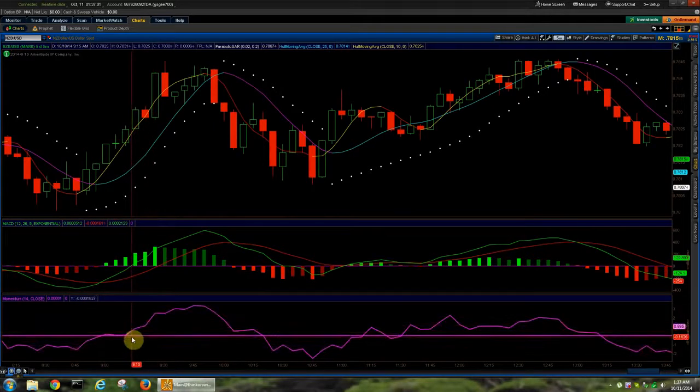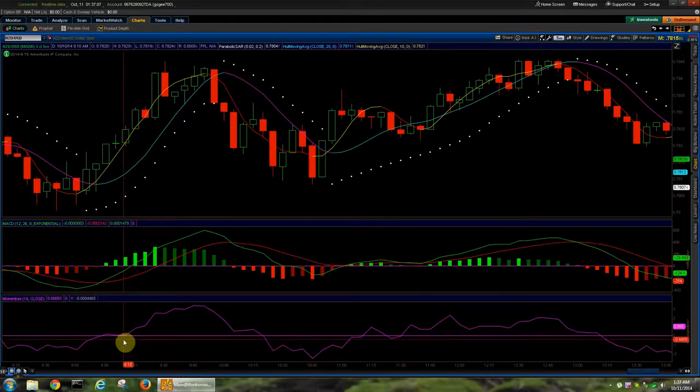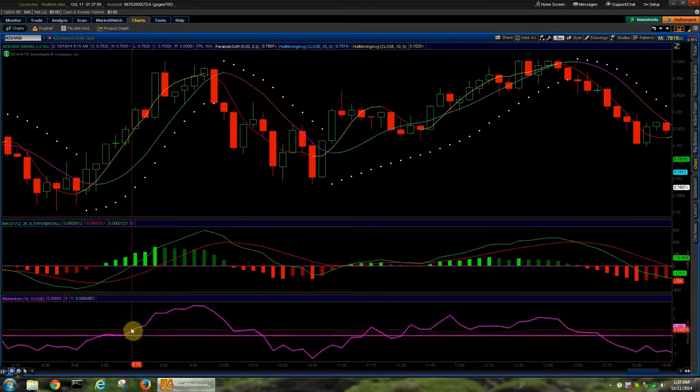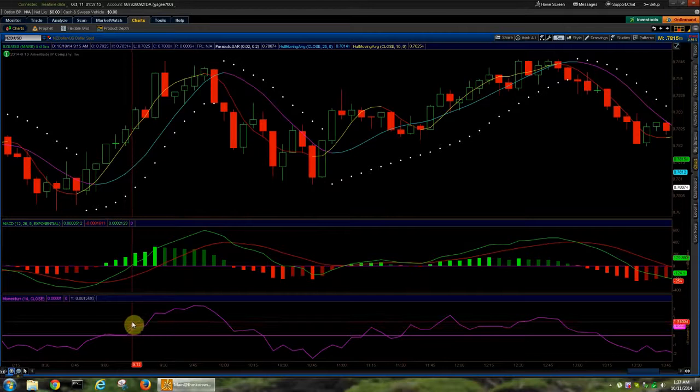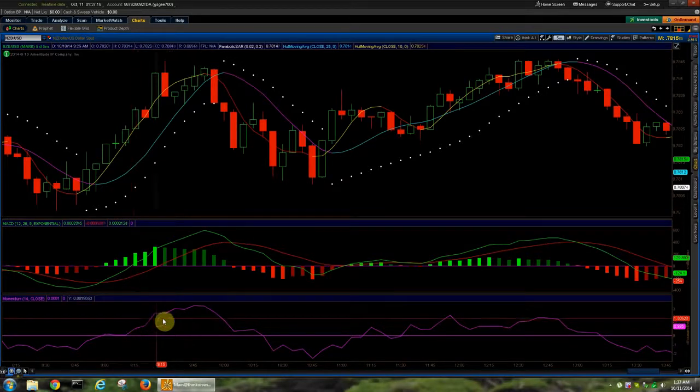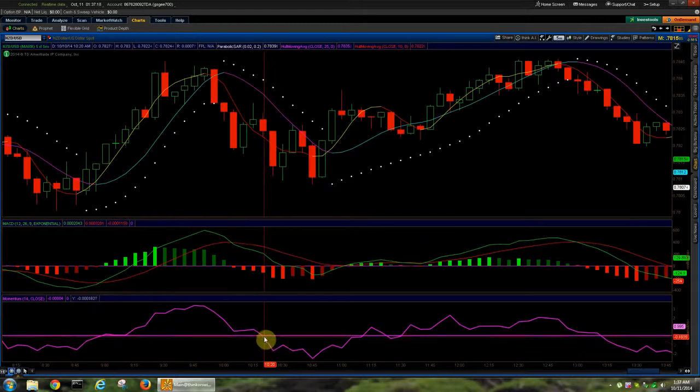Down here you have the momentum indicator, and ideally on a call, you'd like to see this above 0 and pointing up, although it doesn't always have to be above 0. And for a put, you'd like to see it pointing down and below 0.